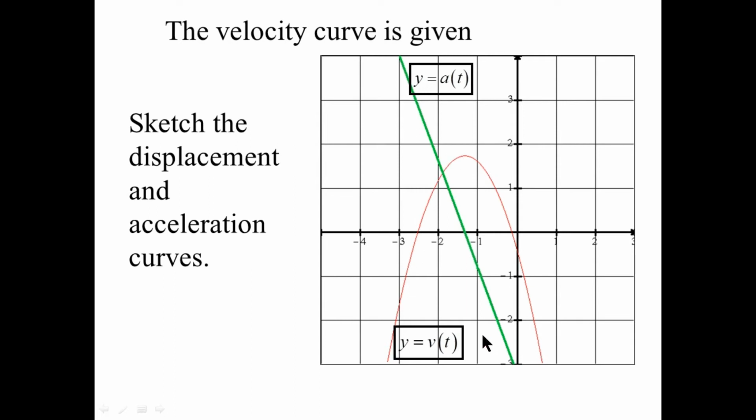And now the challenge. Given velocity, which is this parabola, we have to answer the question, what curve, when differentiated, turns out to be this? Because this is velocity, and it's the derivative of displacement. So displacement, when differentiated, turns out to be this. Well, this has zeros right there and right there, so there must be horizontal tangents in the cubic.